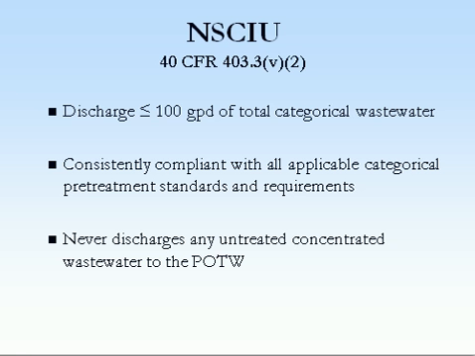Okay, the next type of new categorical industrial user classification option that might be available is to consider a categorical industrial user to be a non-significant categorical industrial user. First and foremost, again, before a pretreatment program may consider granting this classification, it must ensure that it has the legal authority to do so.